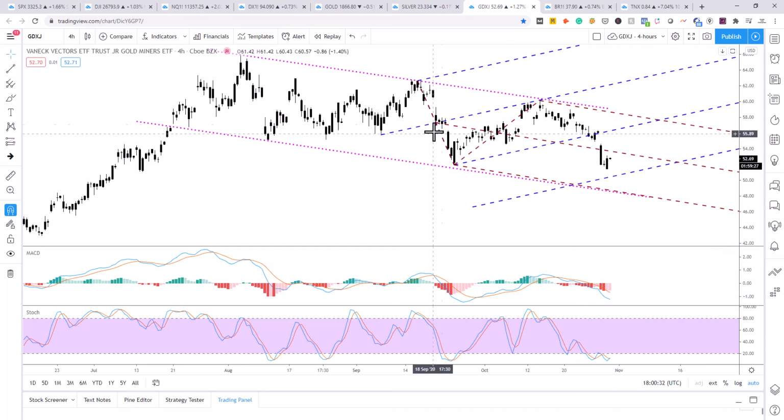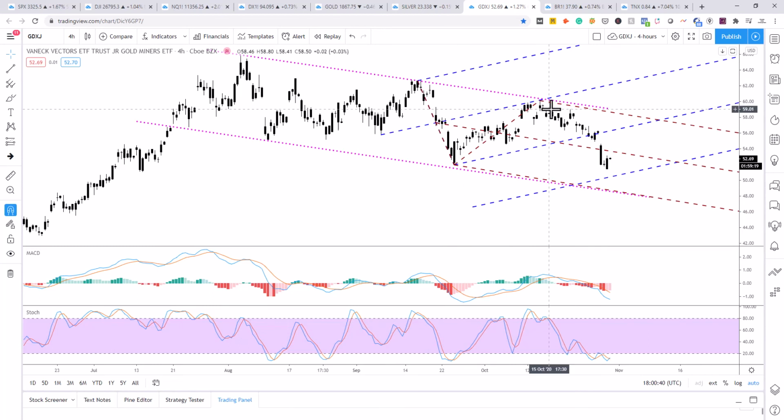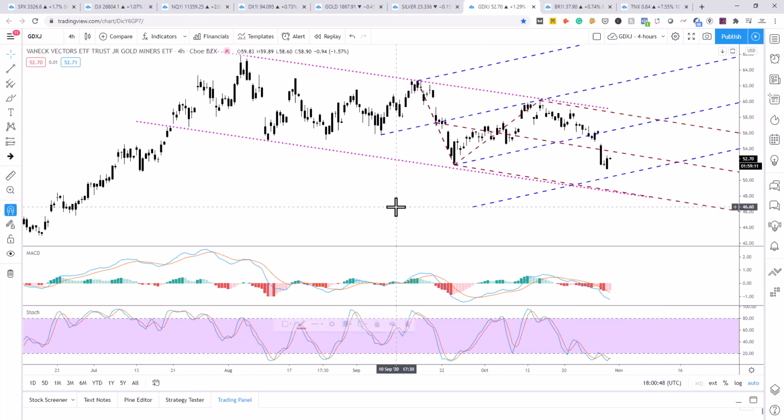I added this new modified Schiff pitchfork today. It's the same channel we'd already identified with the pink dash lines, and now this pitchfork is giving us the same information.